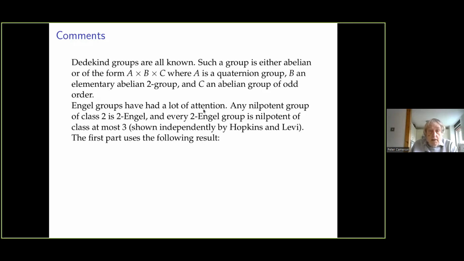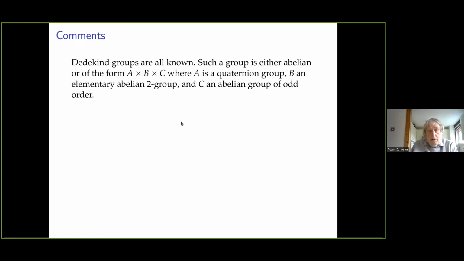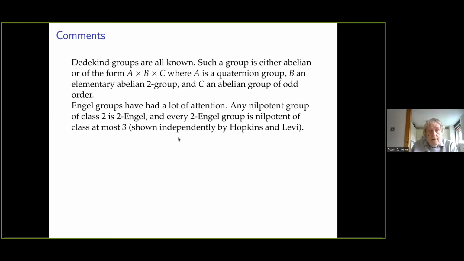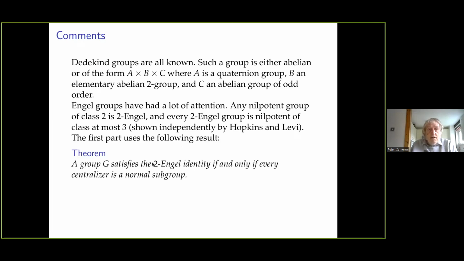So the result that I showed you before, the groups for which the conjugacy supercommuting graph is equal to the commuting graph, uses the following result. This is a characterization of groups satisfying the 2-Engel identity. I didn't know this before we started doing this work. G satisfies the 2-Engel identity if and only if every centralizer is a normal subgroup.